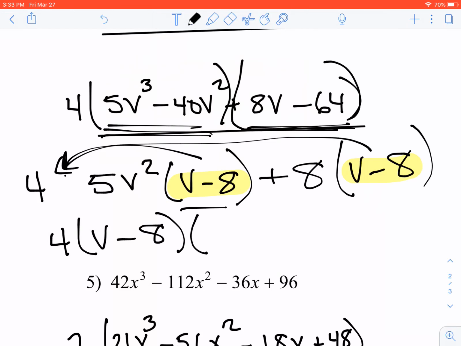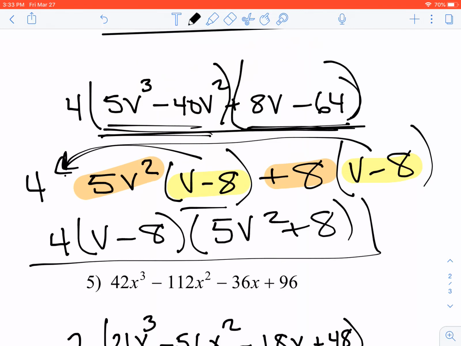And what would I be left with? I'd be left with the orange here, and that is what goes right here. And you're done. So same kind of problem as before, except we have to take that 4 out first and then factor out the trinomial that's left. We just can't forget to put the 4 in there.